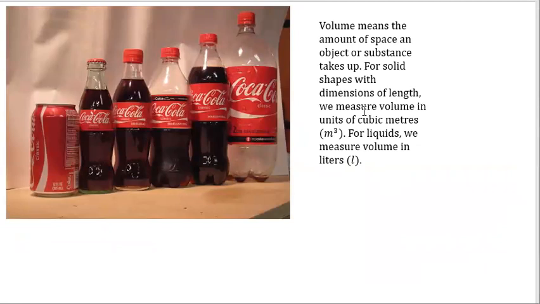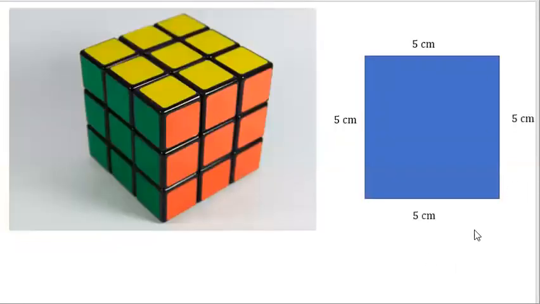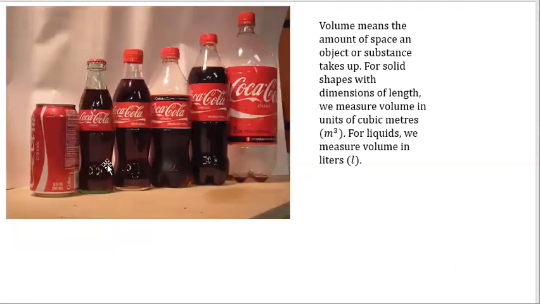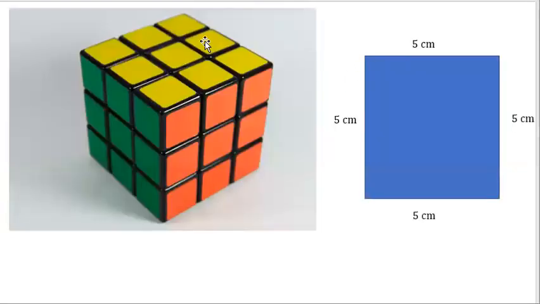For liquids, we measure volume in liters. And for solids, for solid shapes with length, as is the case here, we measure volume in terms of meters cubed. And this cube means we are taking the area of each side and multiplying it by each other.